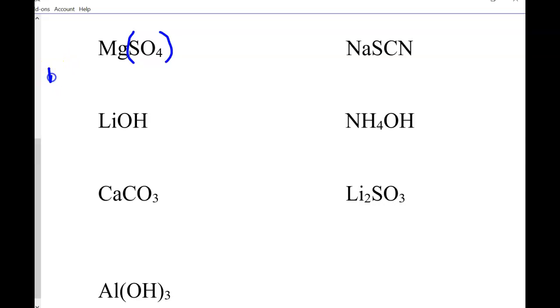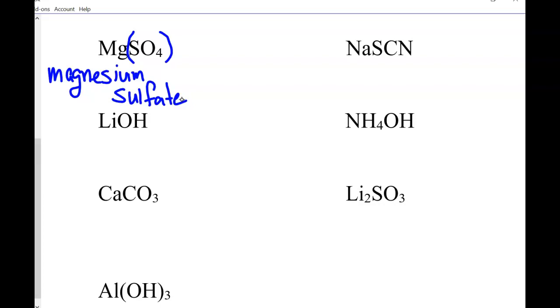This is called magnesium sulfate. Sulfate is SO4 2 minus. Magnesium ions would have Mg plus 2. Perfect.